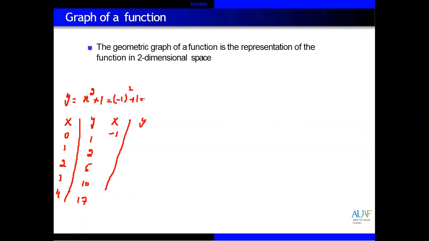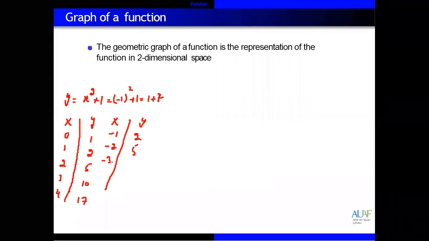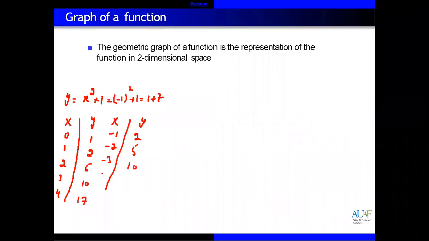So minus 1 square is equal to 1, plus 1 equal to 2. Y is equal to 2. If you give x is equal to minus 2, so minus 2 square is 4 plus 1 again equal to 5. If you give x is equal to minus 3, so minus 3 square is 9 plus 1 equal to 10. When you give x is equal to minus 4, this will give you 17.